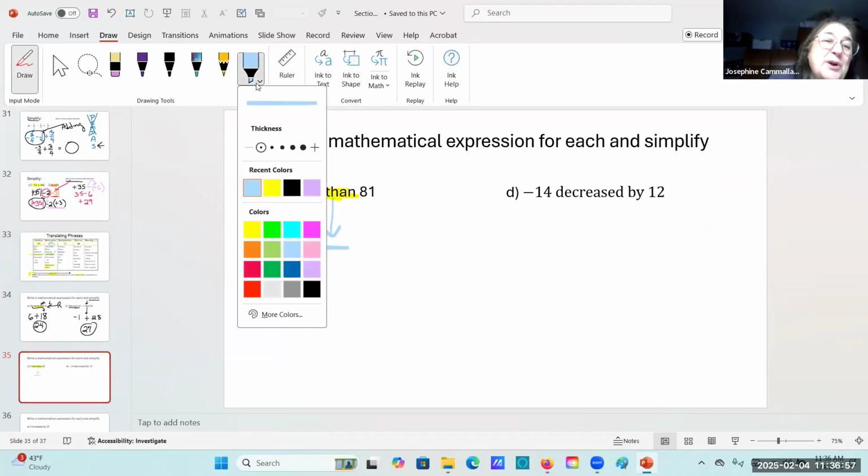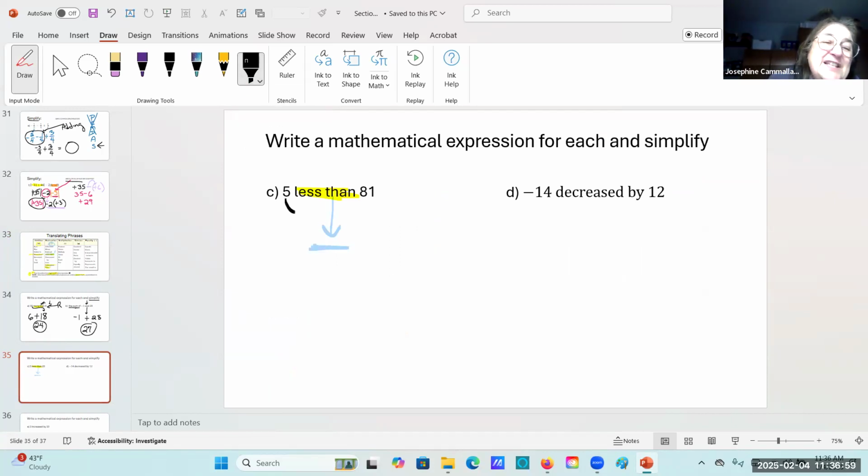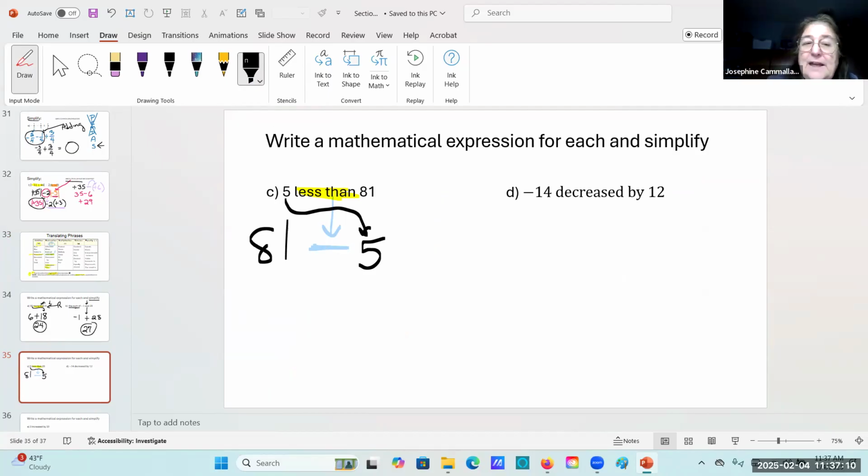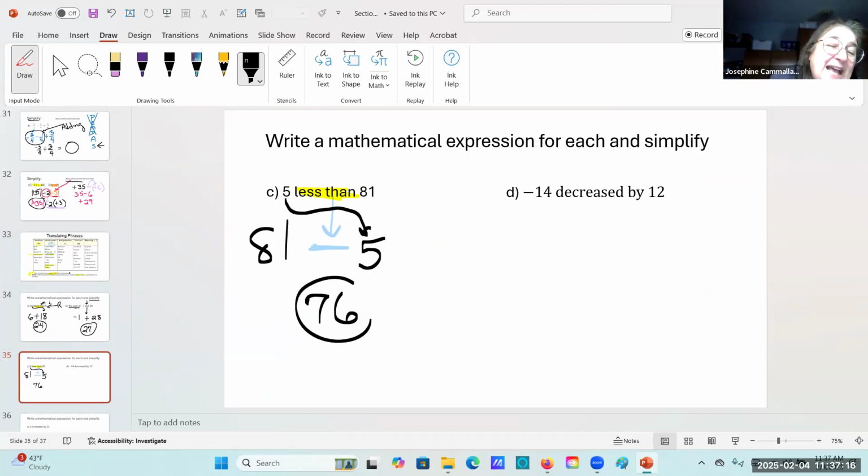But this is where you got to be careful. This 5 is going behind the negative sign. 81 goes here. Now remember, I'm subtracting. This gives me a positive 76.